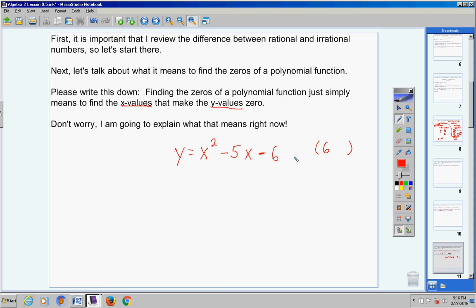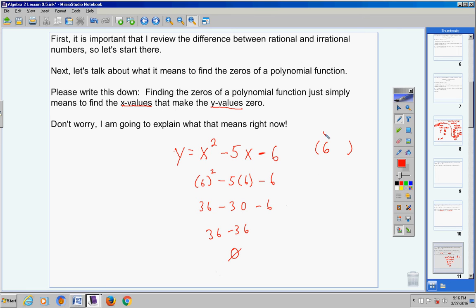Watch what happens when I put 6 in for x. Six times 6 is 36. Negative 5 times 6 is negative 30. Bring down your negative 6. Negative 30, negative 6 is negative 36. Bring down your 36. What do you get? 0.